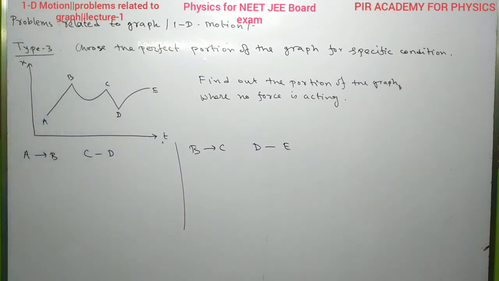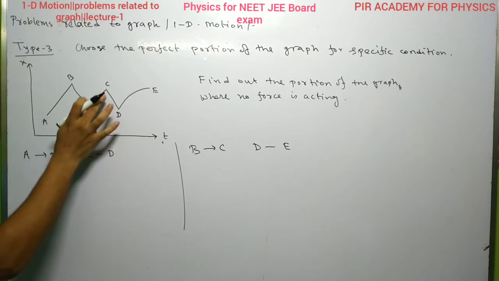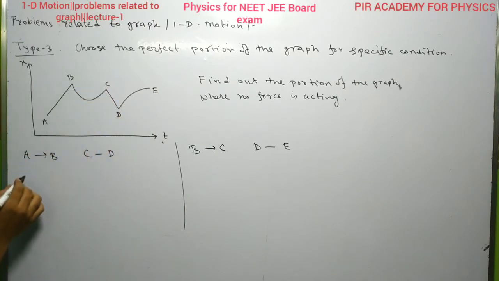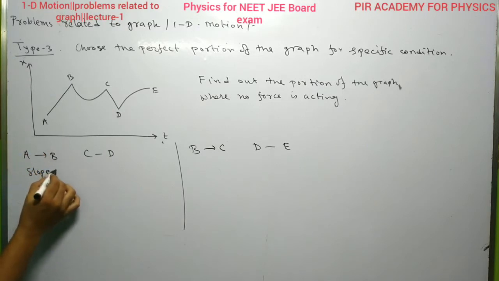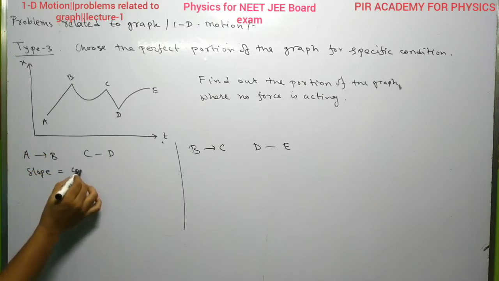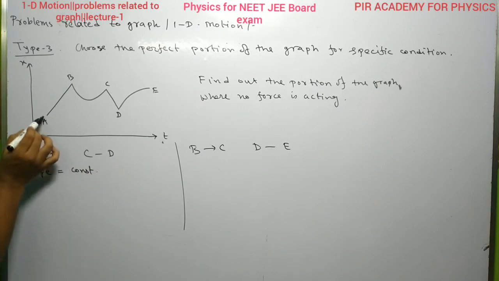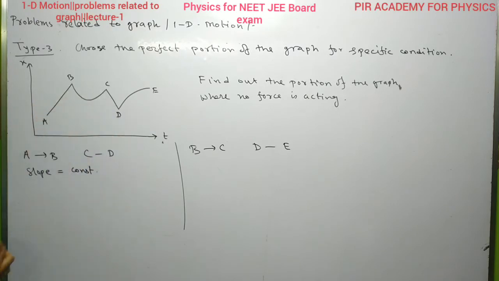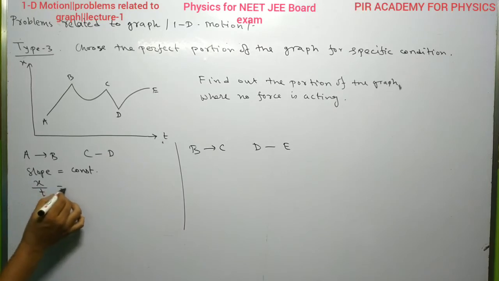This is similar. So at A to B and C to D, the slope is constant. If slope is constant, that means x by t is constant.